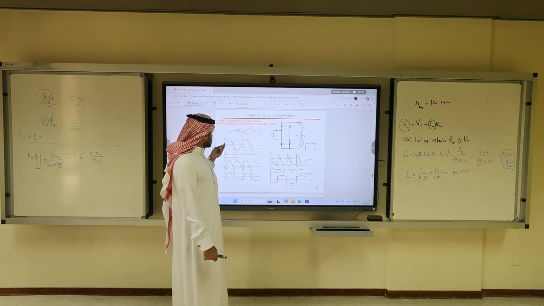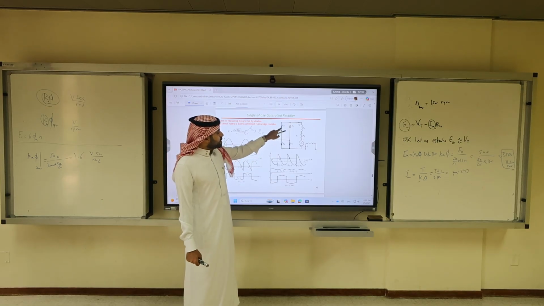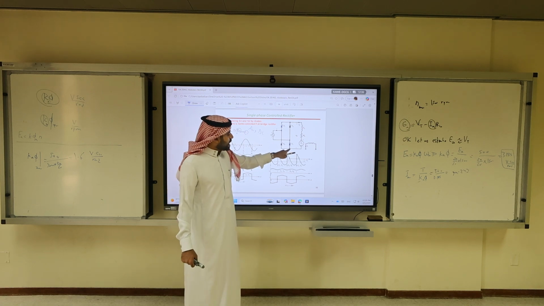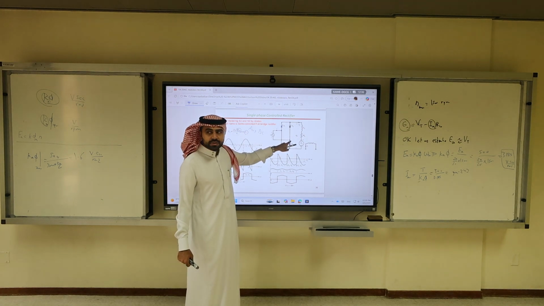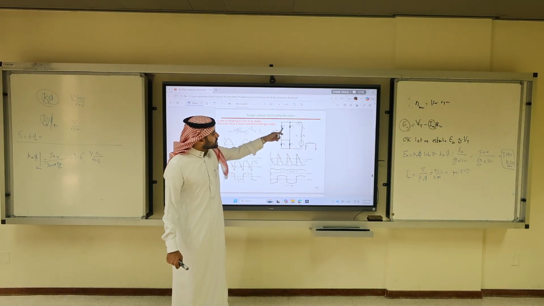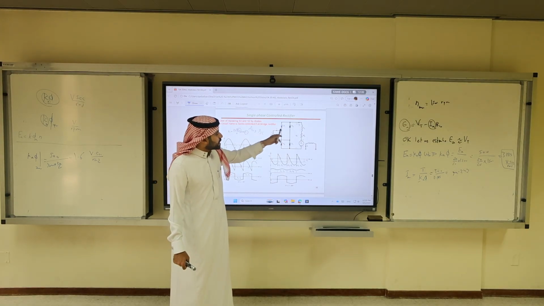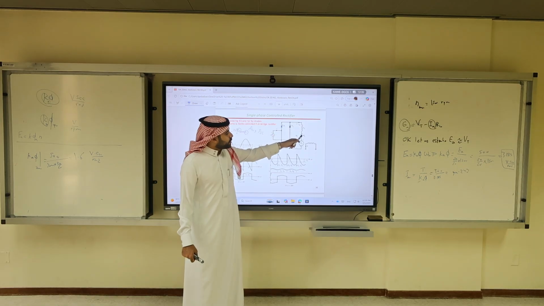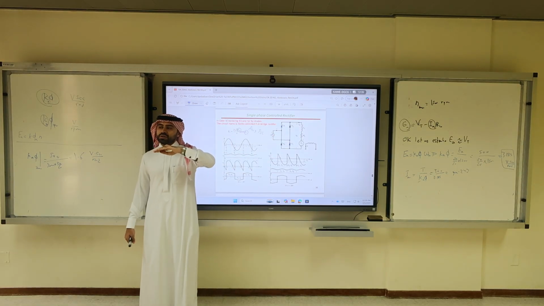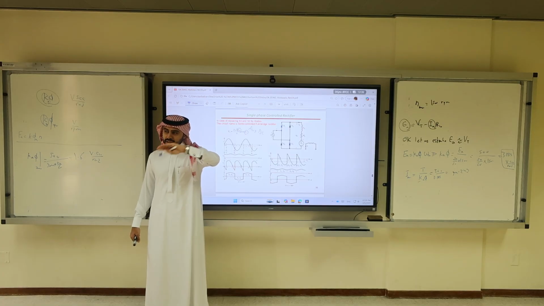At the positive cycle, the anode is higher than the cathode because the cathode here is more negative. Send a pulse here, send a pulse here, it will conduct. We have L, we have R. L would not allow di/dt across an inductor.